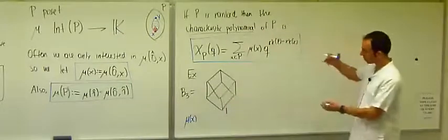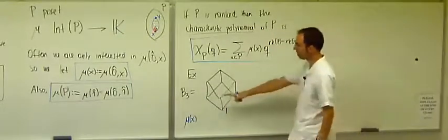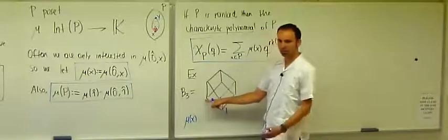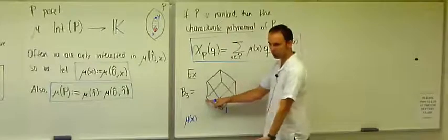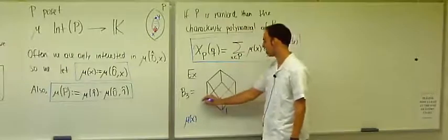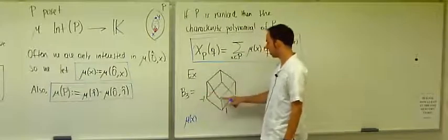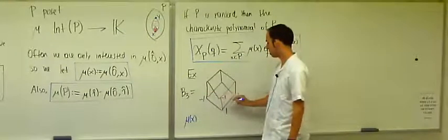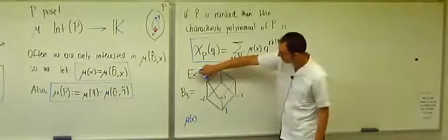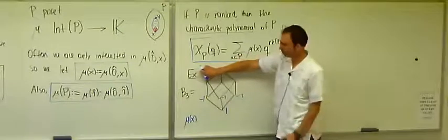Okay? And then you start working your way up the poset, and you say, okay, for this element, mu of 0, this element is minus the mu's below it. Okay? So the only element below it is 1, so you get a minus 1 here. The only element below this one is this one, so you get a minus 1. The only element below this one is this one, you get a minus 1. Then we go here, and we say, okay, who's below this element?